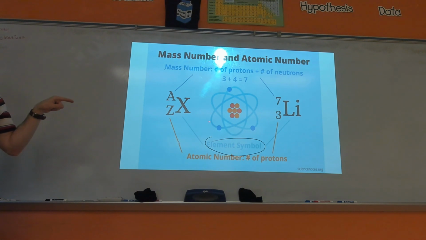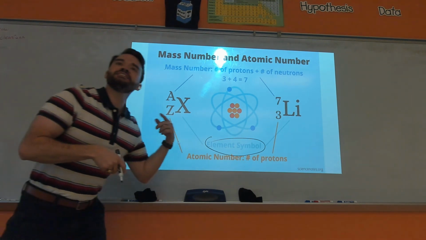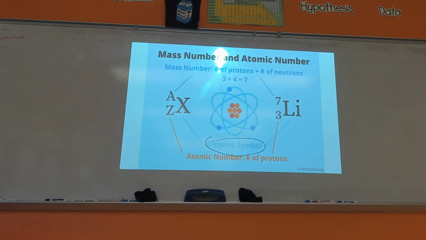For example, if you see Li, this means you're working with the element lithium. Now, the X on the left part of the slide is just like in algebra class, where X would represent any number. Here, X represents any element you want it to be. An example would be lithium, but this could be any element on the periodic table of elements.